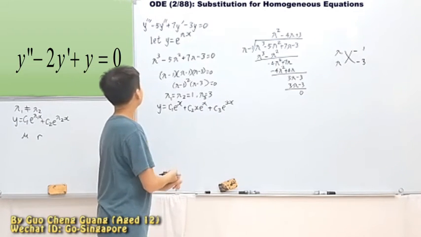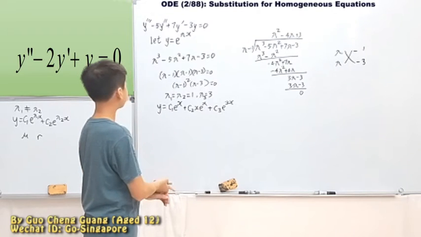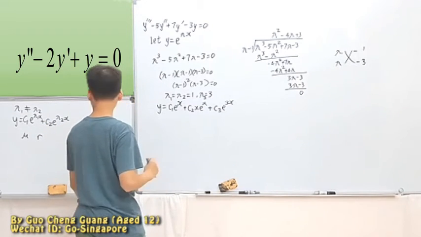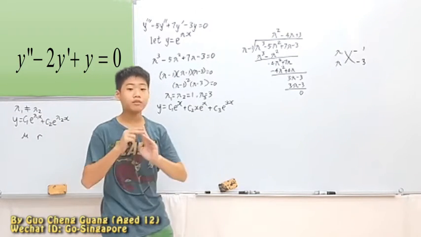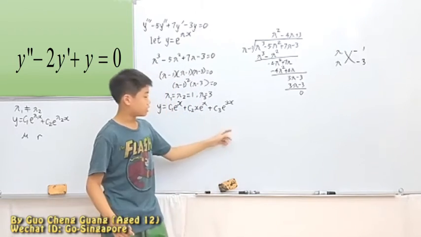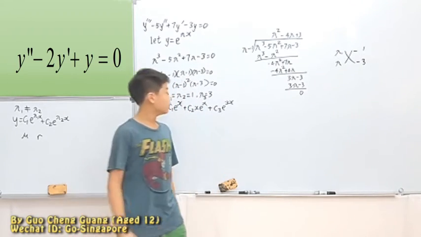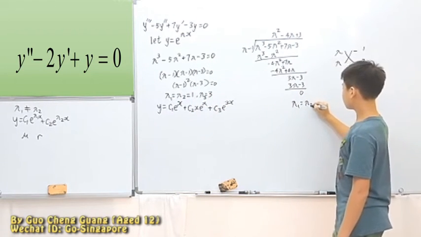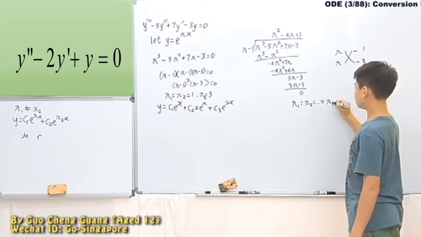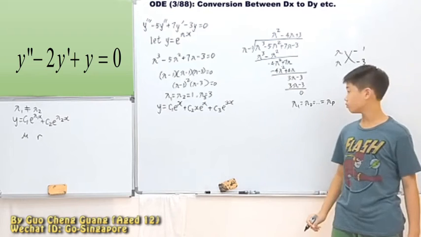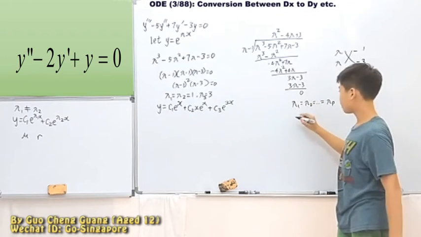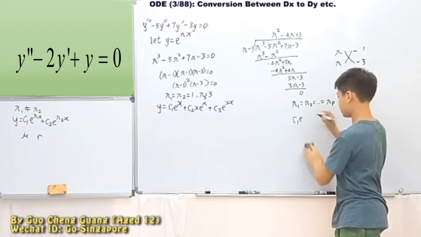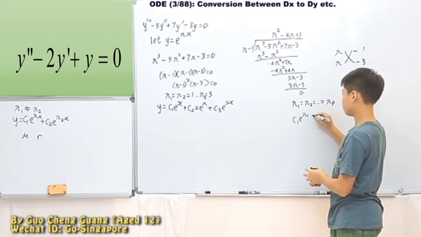So what else for this part? In these two cases, we only have 2 of these lambda. What if there's more? For example, until P, you have P of these answers. Then what do you have over here? First one, C1 e to the power of lambda 1 x.